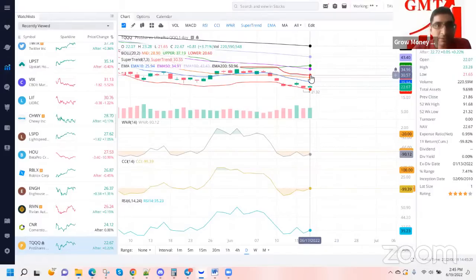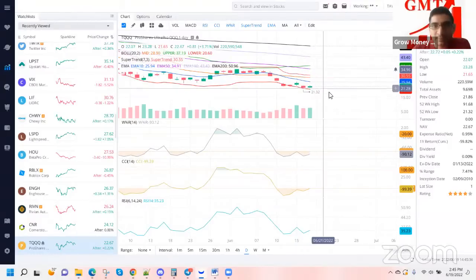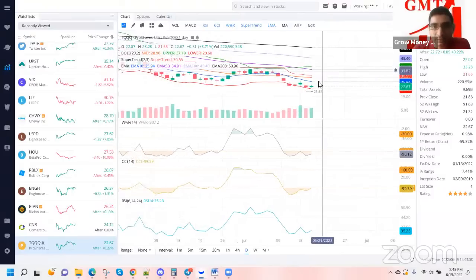The super trend level here is 30.55. So first target near 26, second target near 29, and third target would be 30.5, 30.5 plus, depending upon how strong is the reversal.